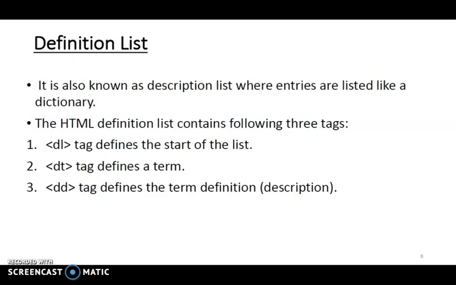Your first tag is your DL, that defines the start of list. Then you have a DT tag, that is definition term or description term. And your third tag is a DD tag, which defines the definition description or description data. Okay, this is all about definition.